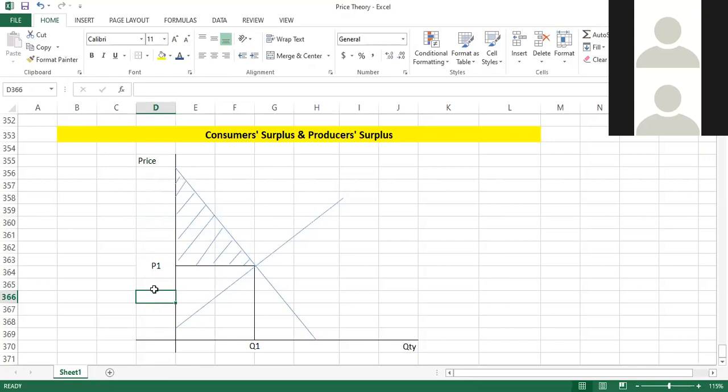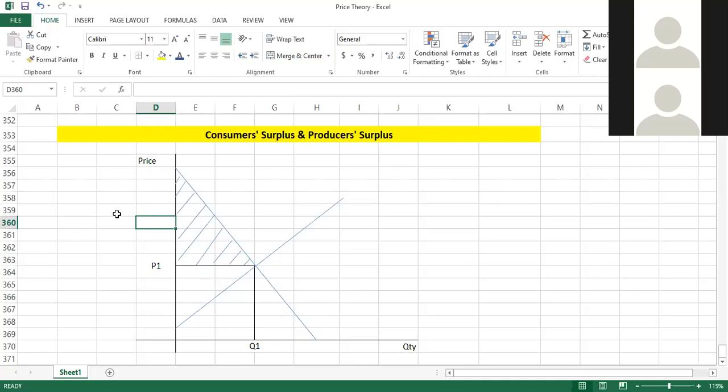For the same example I mentioned earlier, if one consumer thinks he can buy this t-shirt for 600, when he checks the price, if it is 700, there is no surplus for him. Therefore, for the same product, there may be some consumers with low purchasing power, some with high purchasing power. So consumer surplus is directly related to that.